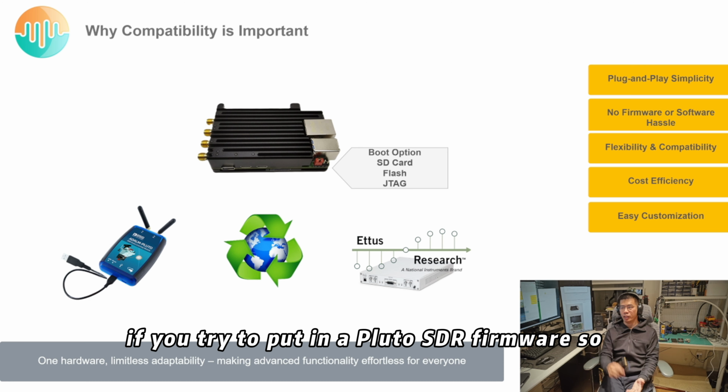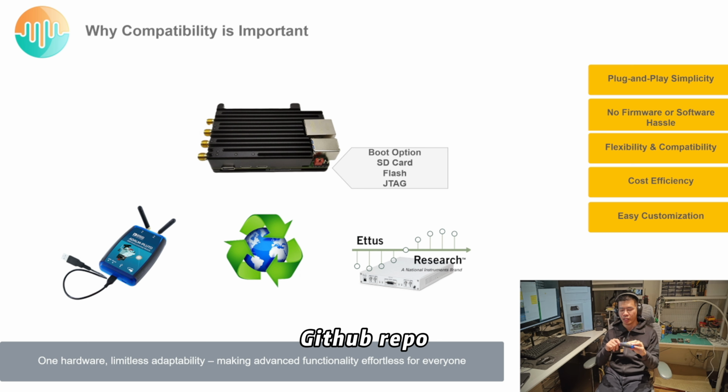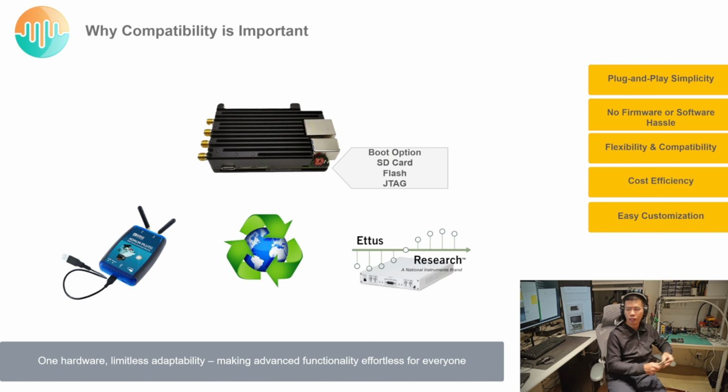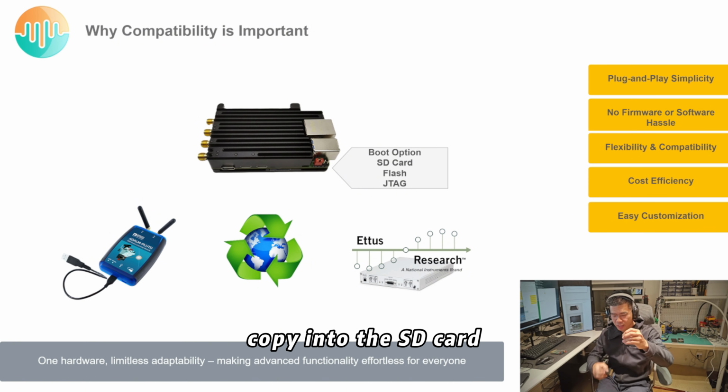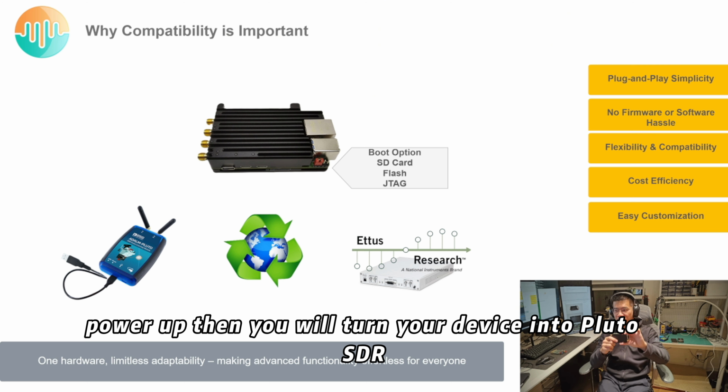If you put in a Pluto SDR firmware, so this is the one, you can get it from our GitHub repo for the Pluto SDR firmware. Again, copy it into the SD card, slot it in, and power up, then you will turn your device into a Pluto SDR.